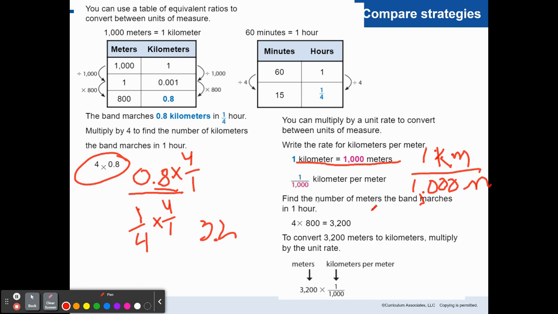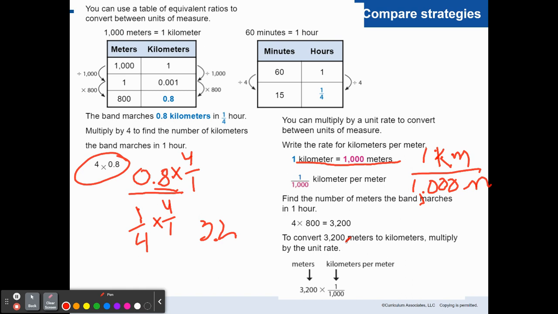And then it says find the number of meters the band marches in 1 hour. So 15 minutes, 4 15-minute periods in an hour, right? So 4 times 800, which was your original rate, is 3,200.